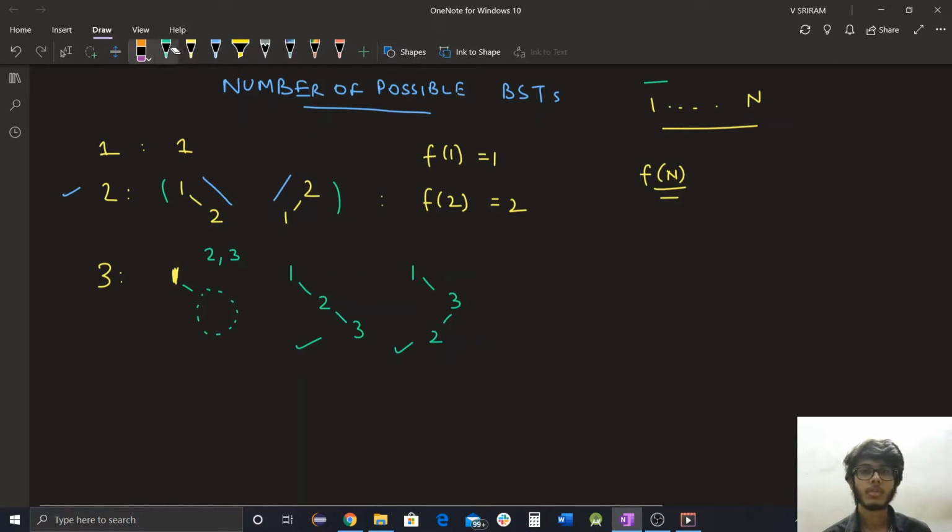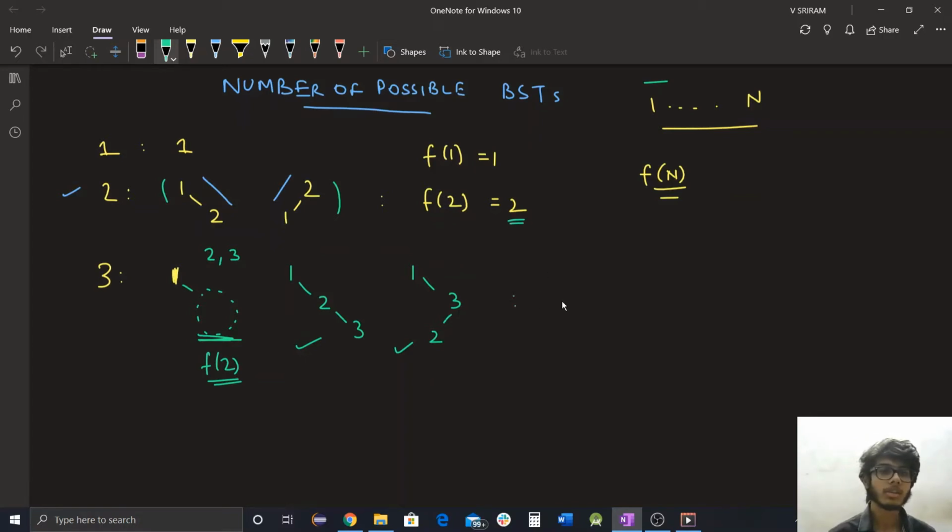So to generate a subtree of two elements, we can have f2 number of ways to do that, and we already calculated this value. So the number of trees with 1 as its root node is nothing but f of 2, that is equal to 2.